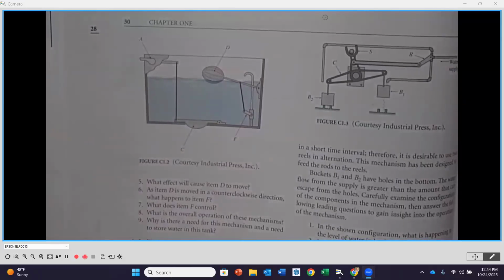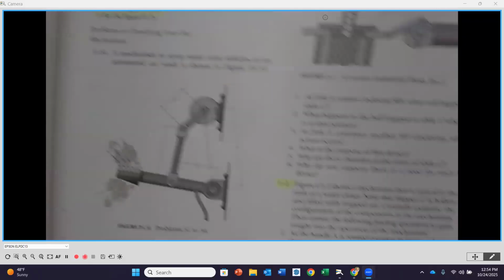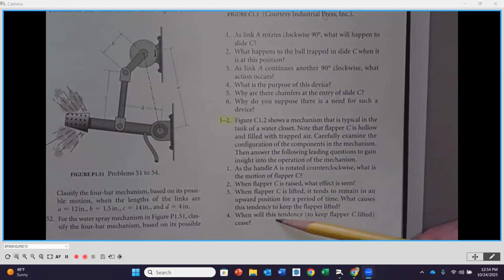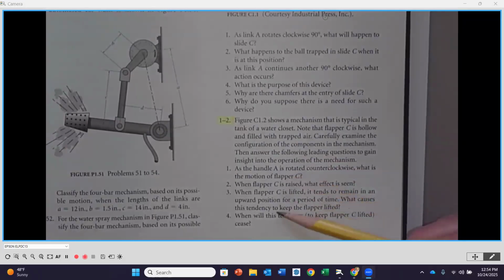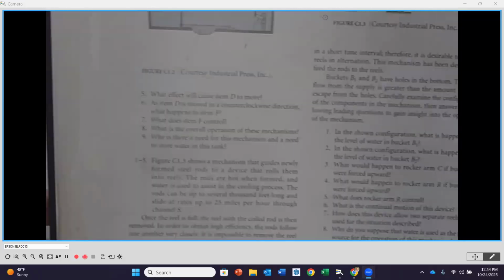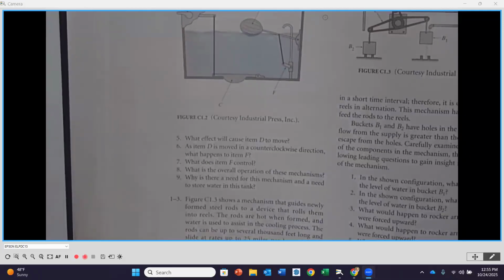But in going through this, what I want you to do is, again, the case study starts with the questions here at the bottom of page 29, referring to that illustration on the following page. And then you're going to answer these questions. Like I said, let's say your boss wants you to let them know how this mechanism works.